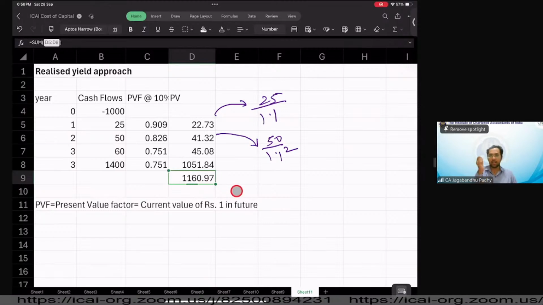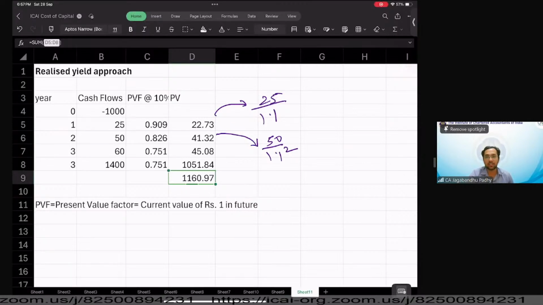But what is the price that I'm paying to acquire this equity share? 1,000, right? But we are getting this as 1160.